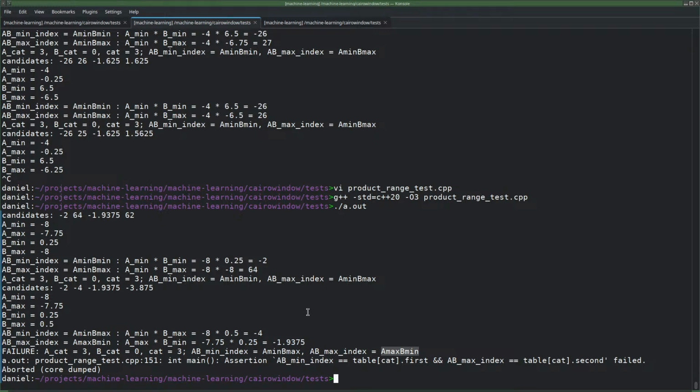No, that can't be the same category. This one is. Oh, the minimum value is larger than the maximum value. How did that happen?